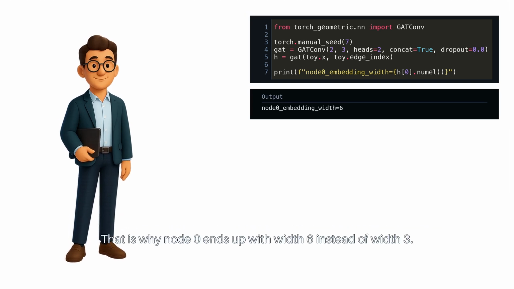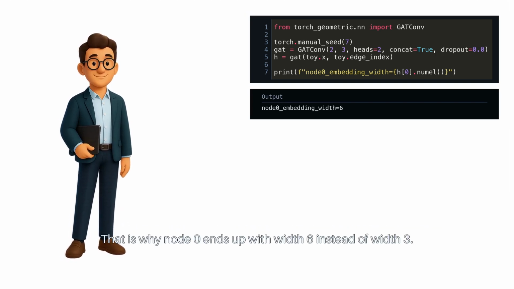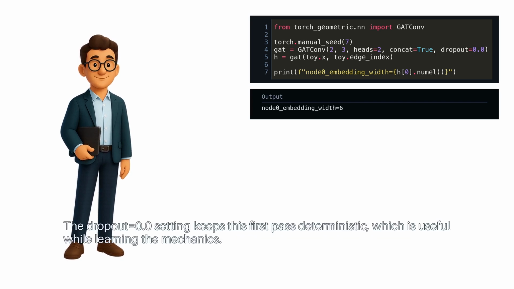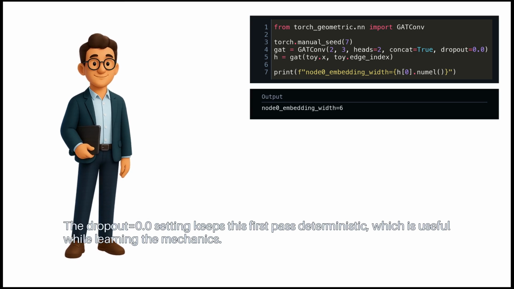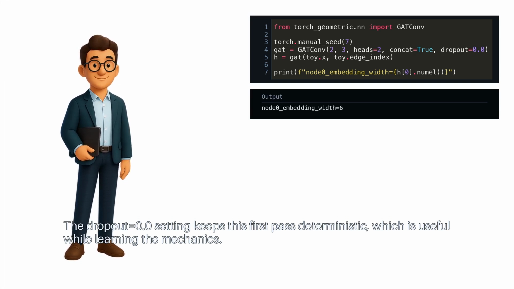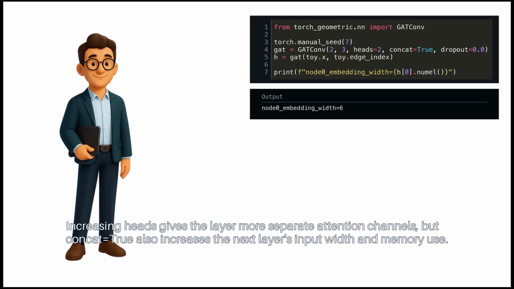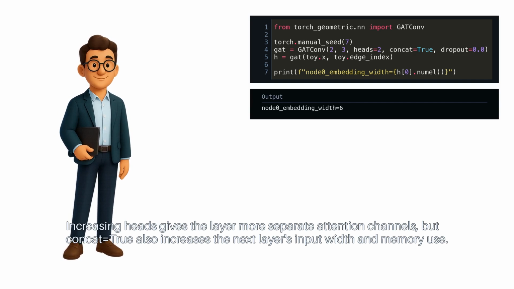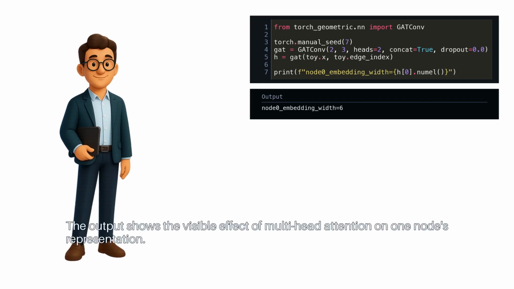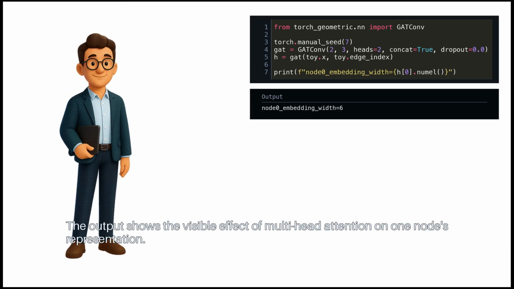That is why node 0 ends up with width 6 instead of width 3. The dropout equals 0.0 setting keeps this first pass deterministic, which is useful while learning the mechanics. Increasing heads gives the layer more separate attention channels, but concat true also increases the next layer's input width and memory use. The output shows the visible effect of multi-head attention on one node's representation.